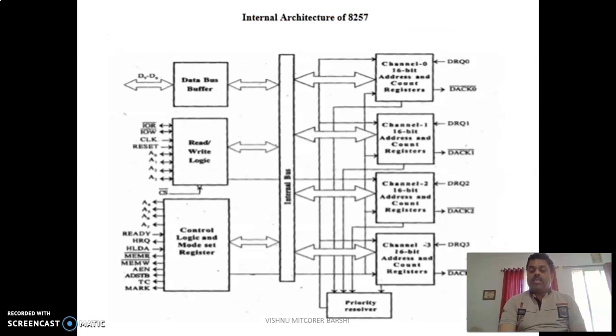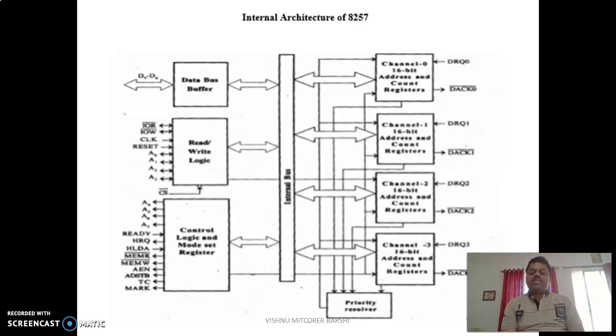The 8257, on behalf of the devices, requests the central processing unit for bus access using the local bus request input HOLD in minimum mode. This is the internal architecture of the 8257, which has 7 to 8 blocks. The data bus buffer is bidirectional, D0 to D7.